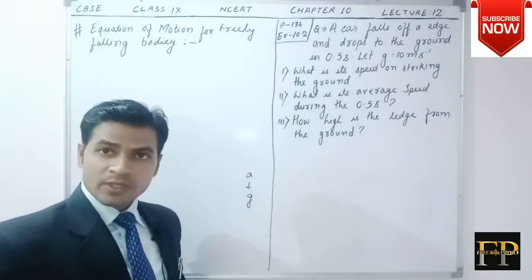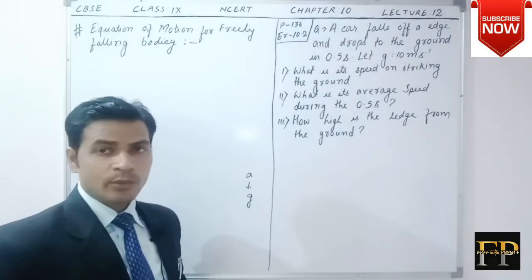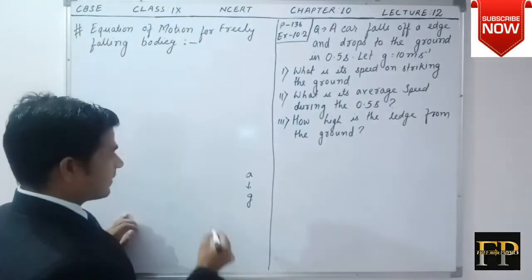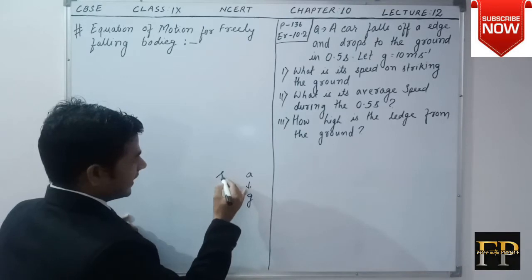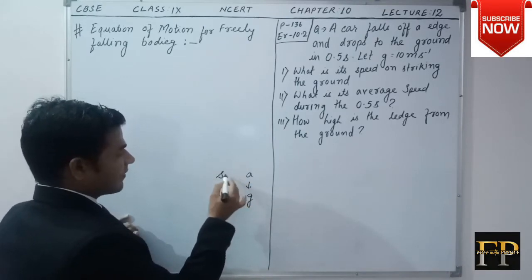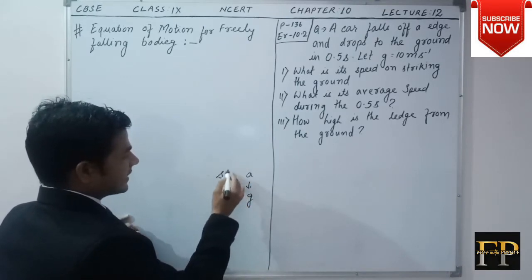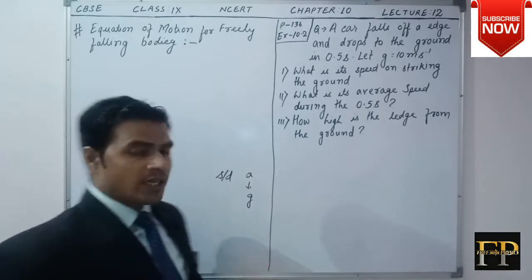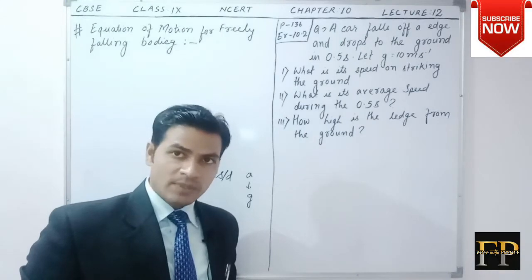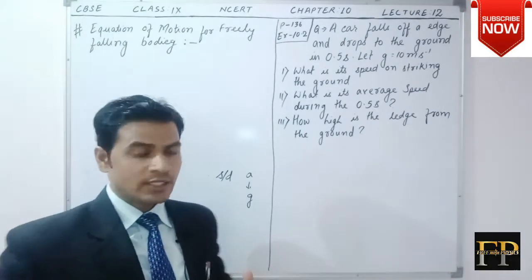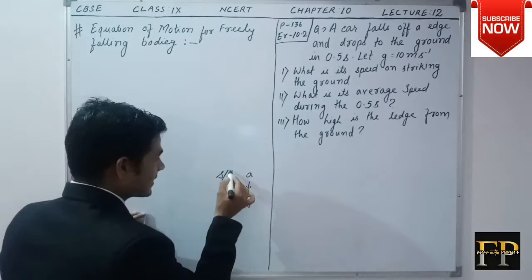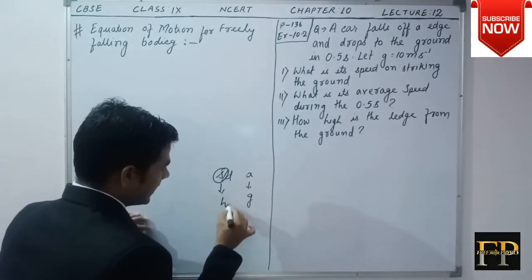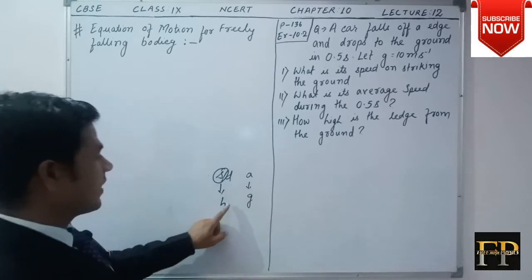In chapter 1 we talked about displacement, represented by s or d. But today we are talking about a free falling object from a certain height, so this s will be replaced by h, and h stands for height.